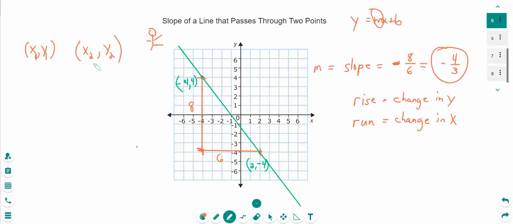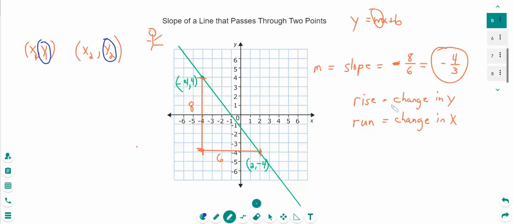All right, so if we're given these 2 sets of points, then how could we find the rise, the change in y? Well, couldn't we just take the 2 y's, take this y and this y, and subtract them from each other?